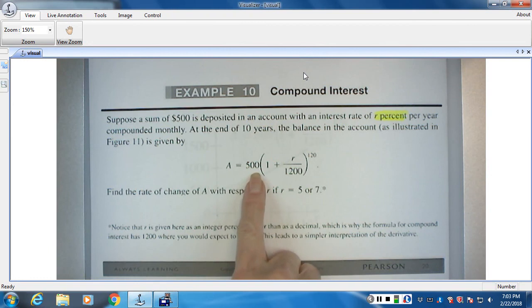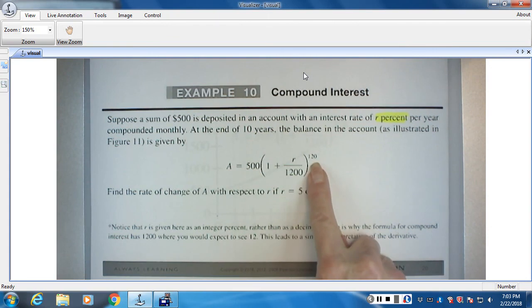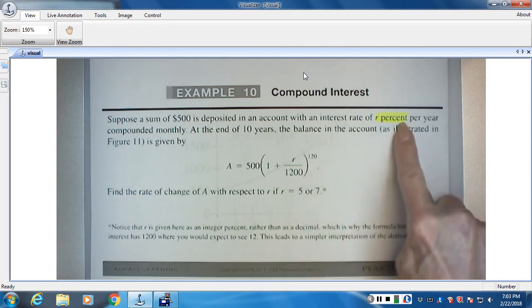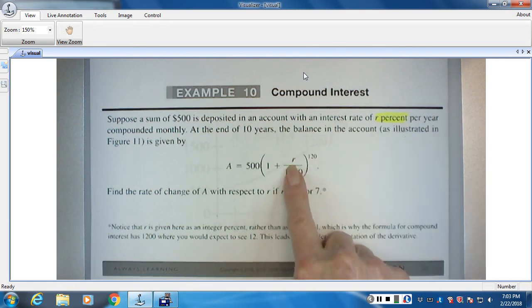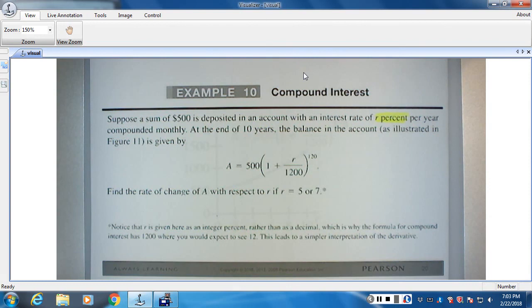You started out with $500. You're compounding it monthly for 10 years. So that's 120, 12 months a year times 10 years. And since this is R%, we're just going to list that as R, but remember, normally when we plug into that formula, we had to change R to a decimal. Like if it was 12%, we had to change that to 0.12.